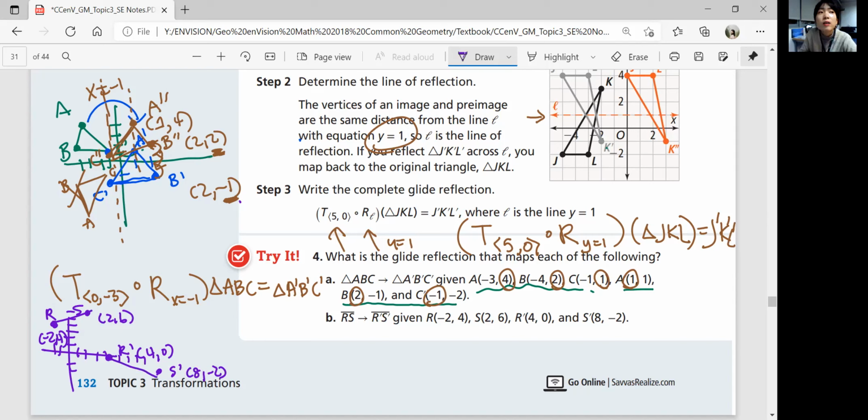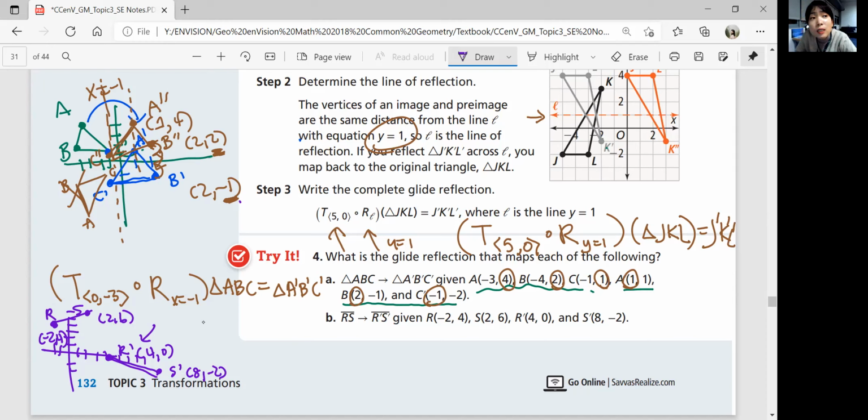Okay, you want to have glide reflection. So look at your slope. Surely you cannot just translate it, right? Where are you going to reflect? Because your R prime ends up being higher than your S prime, you are going to reflect horizontally this time.